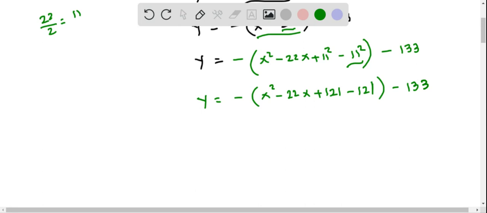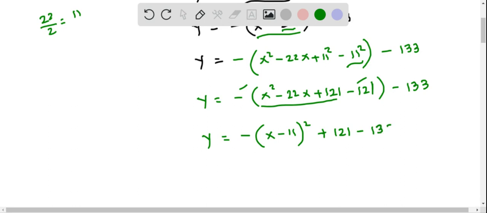Now we can combine these three terms as a square of the binomial. That is y equals negative, x minus 11 quantity squared. And then negative times negative 121 is positive 121, so we put this outside the brackets, which is positive 121 minus 133. And 121 minus 133 is negative 12. So the next step, I write y equals negative of x minus 11 quantity squared minus 12.